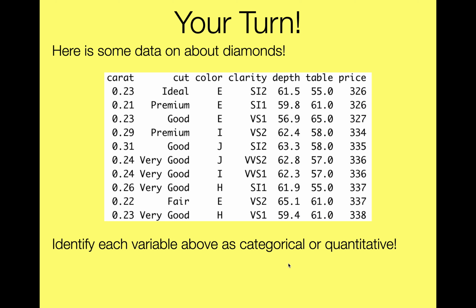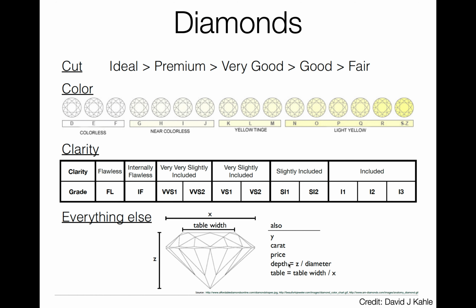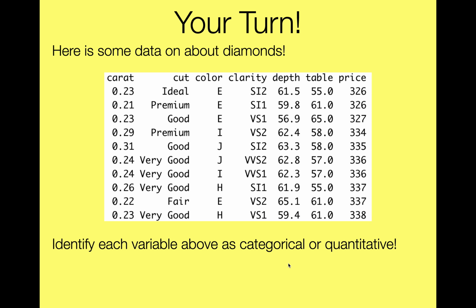If you need to, you can go back to this slide and look at it, and hopefully it'll give you some info on whether it's categorical or quantitative. Of course, you'll have these slides available to you, so you don't need to stop the video to look. So this is your turn. Please complete it. There will be answers to these posted. All right, thank you.